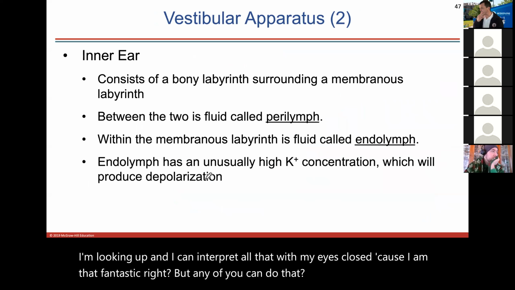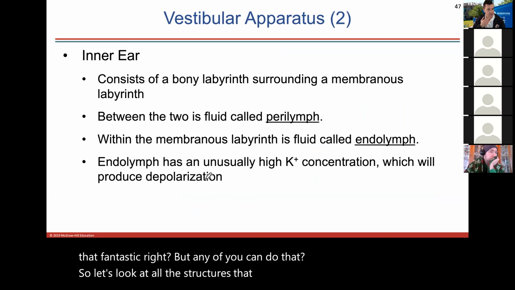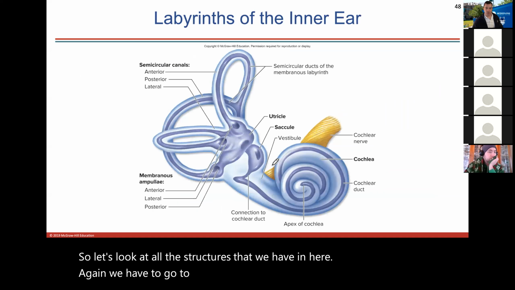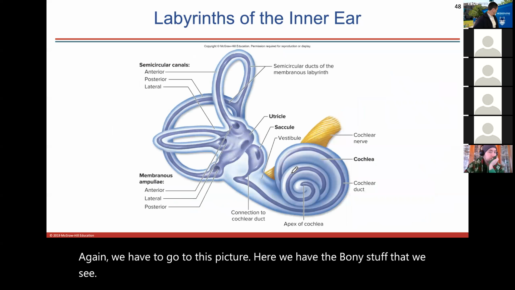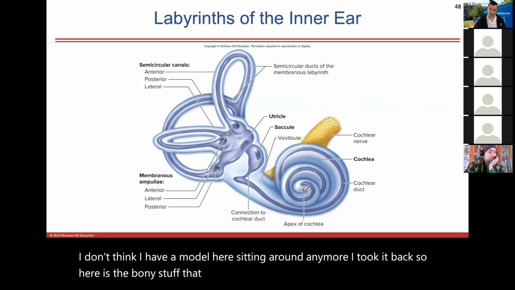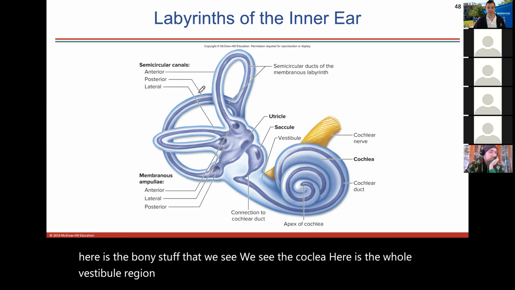So let's look at all the structures that we have in here. I'm going to go to this picture here. We have the bony stuff that we see. I don't think I have a model sitting around anymore. I took it back. So here is the bony stuff that we see. We see the cochlea, here's the whole vestibule region here, and then we see our semicircular canals.